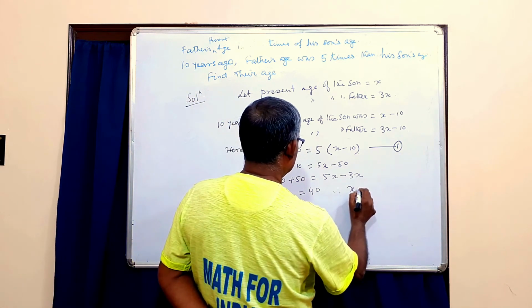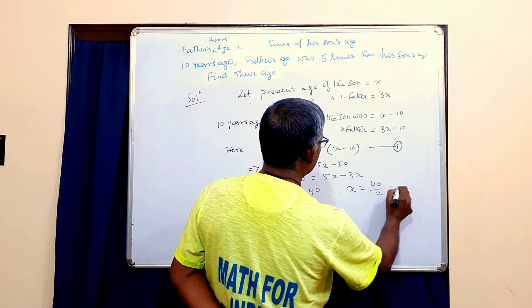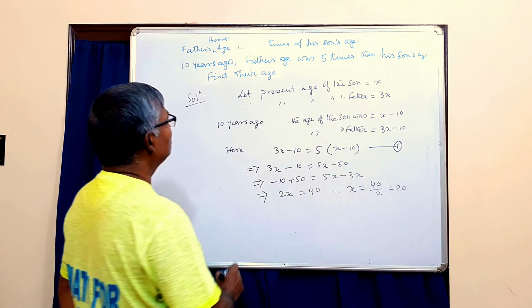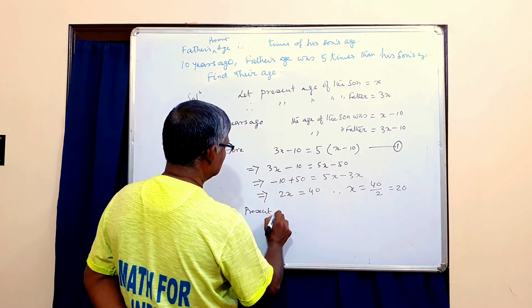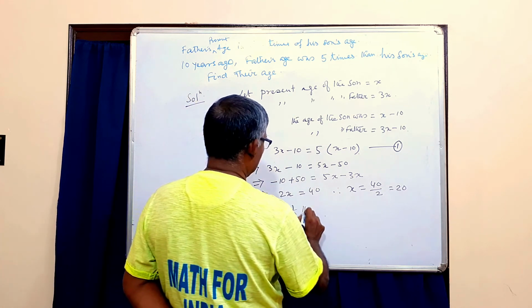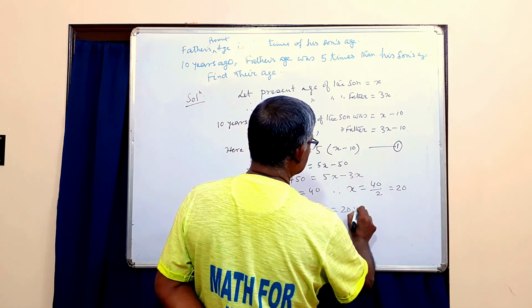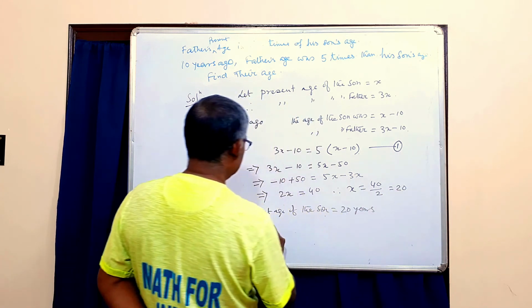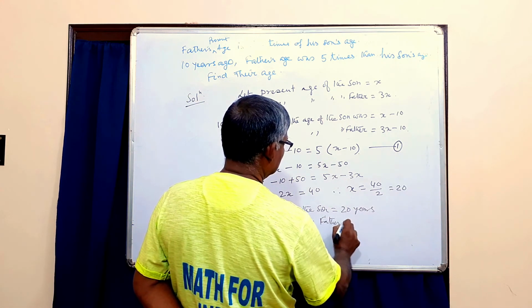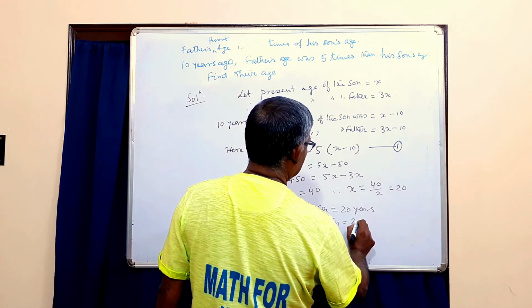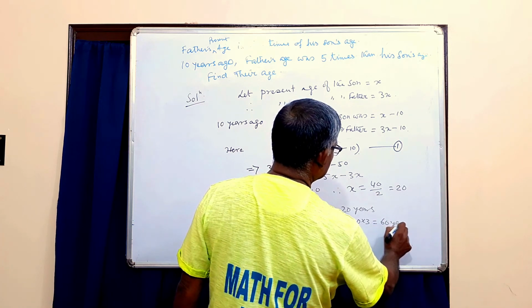Therefore x equals 40 by 2, that is 20. So the present age of the son equals 20 years and present age of the father equals 20 into 3, that is 60 years.